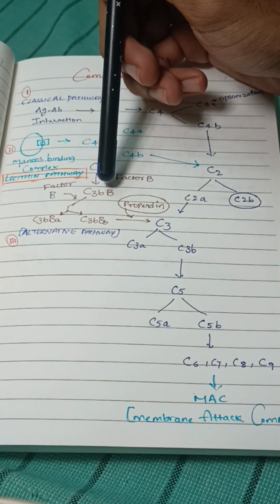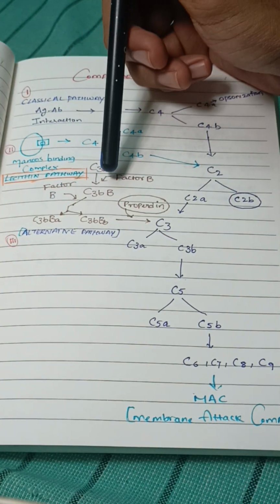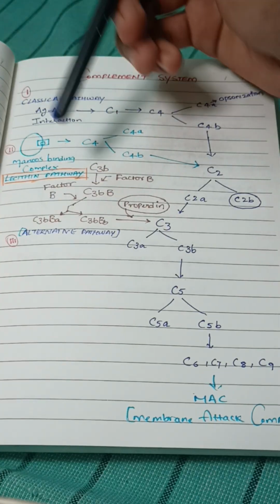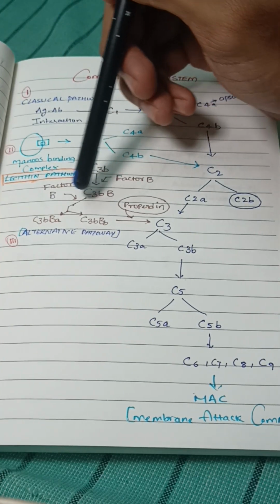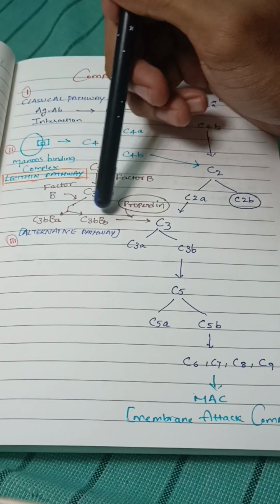Here C3b is divided into a and b, where a goes for opsonization and b remains, and again B is divided into Ba and Bb.